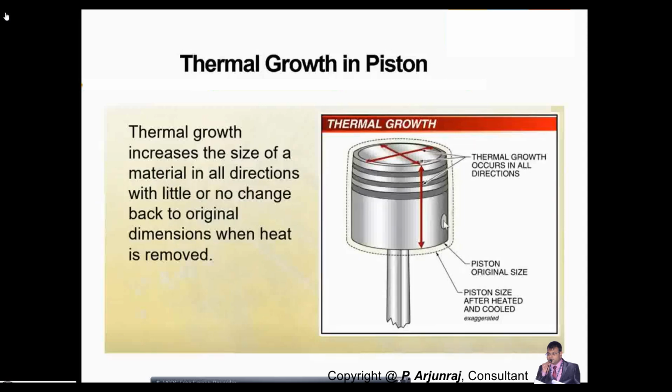Because of this temperature rise, you are going to get expansion. You see, you have the dotted one and you have the thick one. The dotted one is the modified size, and the thick one is the piston original size.